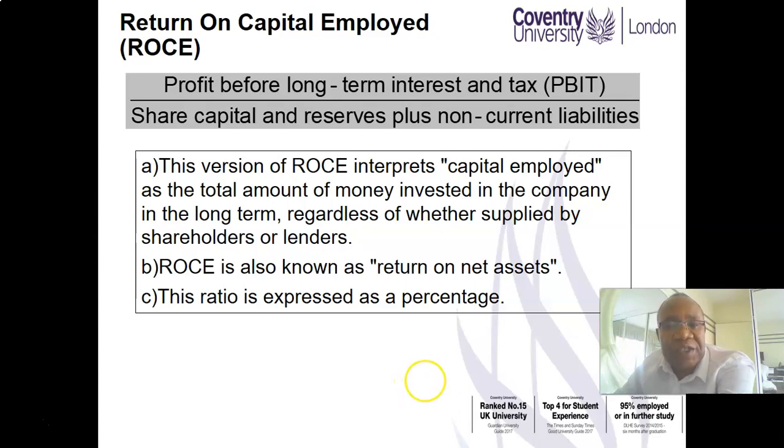So it does not matter. But remember that we take out current liabilities, which is merely for the short term. Sometimes the return on capital employed is referred to as return on assets, and as I said earlier, it is expressed as a percentage. We can also calculate the return on capital employed as a product of two ratios.